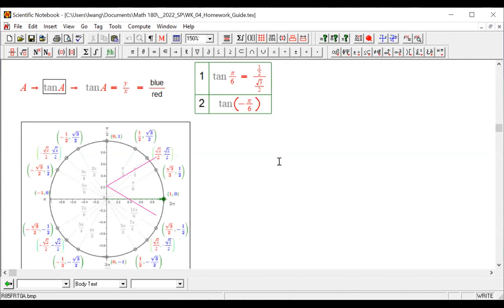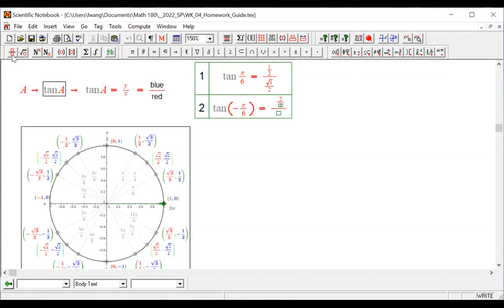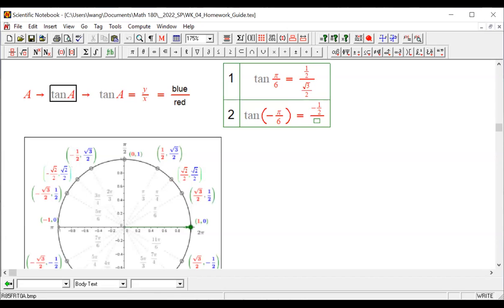And the other one has blue number negative half. I should make the font a bit larger so you can see the numbers better. Okay, negative half over √3 over 2.